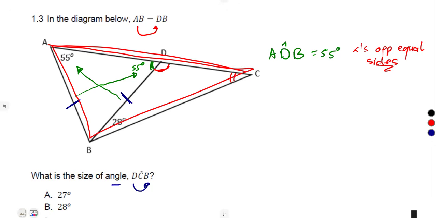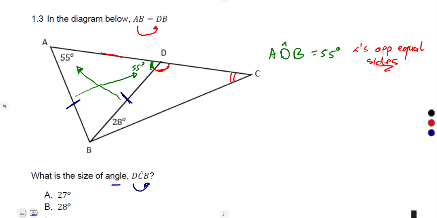AC is a straight line. So at D there are two angles. We must have 180 degrees. We know that they are supplementary, these two angles.